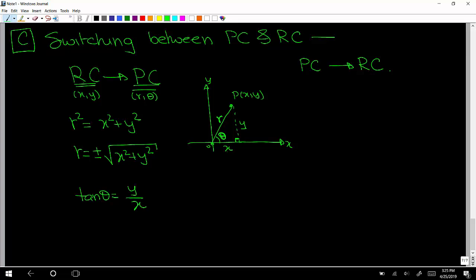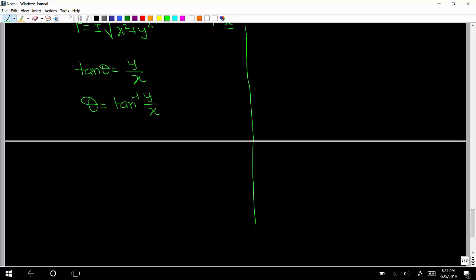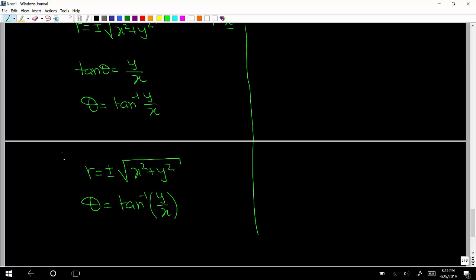The reason why I'm using tangent is, remember, because we're given x and y. So we're given this, and I want to find the angle. So it tells me theta is equal to tan inverse of y over x. Okay? So that gives us a nice way to switch between rectangular to polar. So let me write that down. R is equal to plus or minus square root of x squared plus y squared, and the angle theta is tan inverse of y over x.